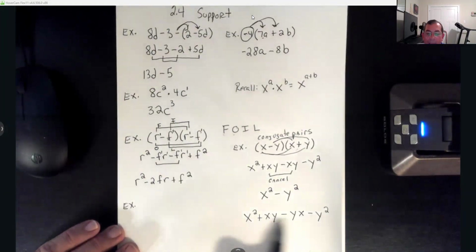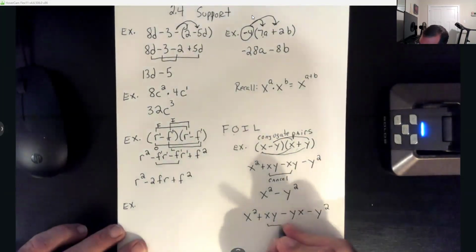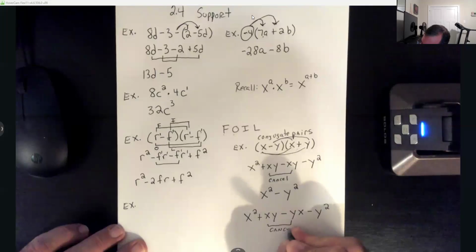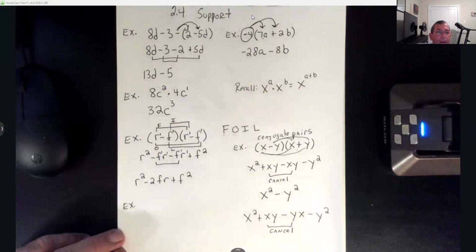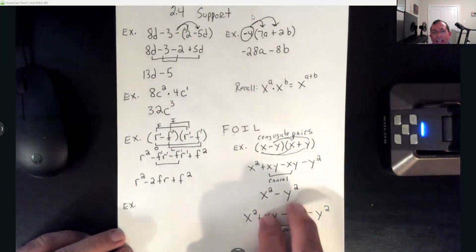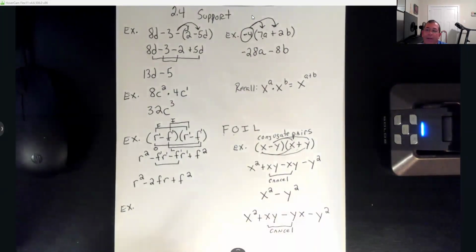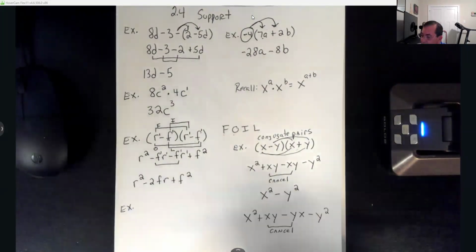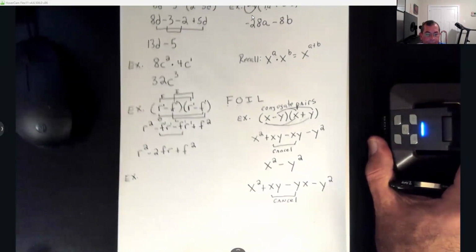Since they're technically the same variables, just not in order, these would still cancel out for you, okay? It's just easier for me if I got them in alphabetical order, then it's really easy to see them. But yeah, you don't have to do the alphabetical order, okay?